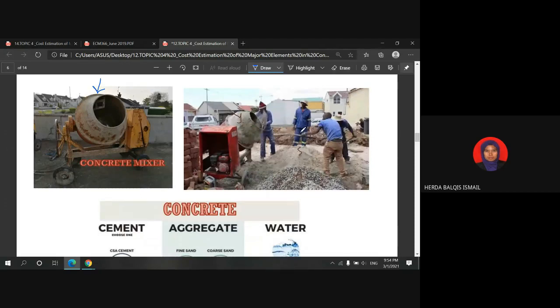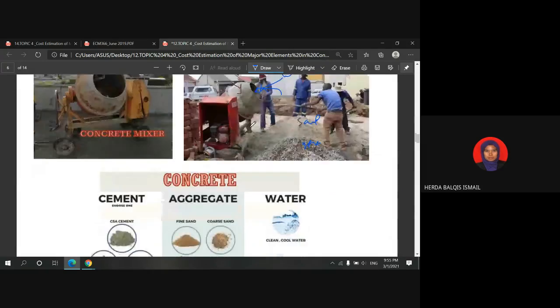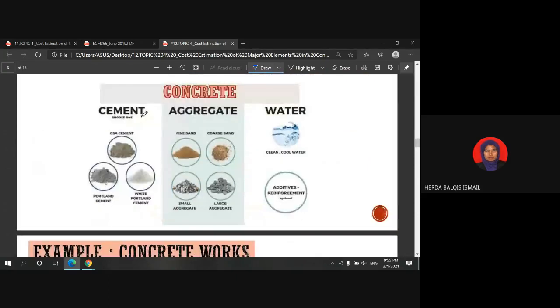They will put the sand, the aggregate, the cement inside the concrete mixer and pour in the water. Then mix to produce the fresh concrete. So basically, these are the main ingredients of the concrete: cement, sand, as well as the aggregate.